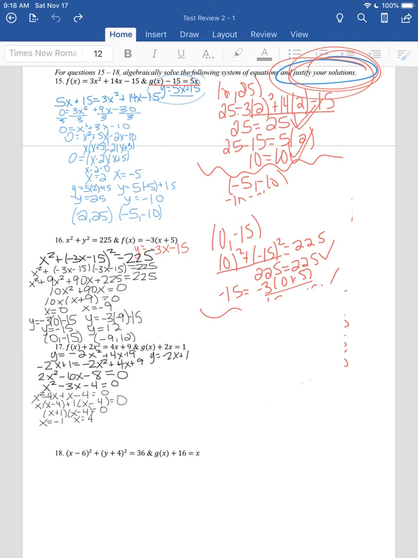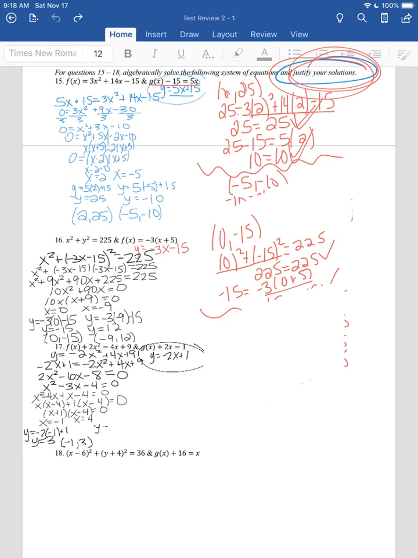So I'm going to plug both of those back into my linear to get the y values. So y equals negative 2 times negative 1 plus 1. This gives me y equals 3. So this point is negative 1, 3. For the other one, I'm going to do the same thing.